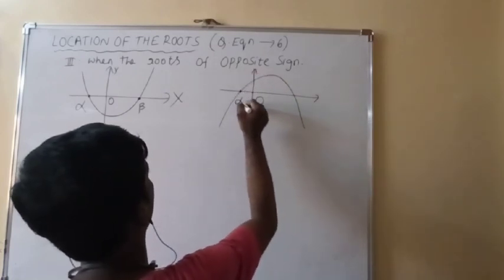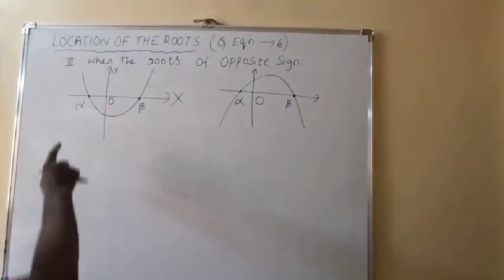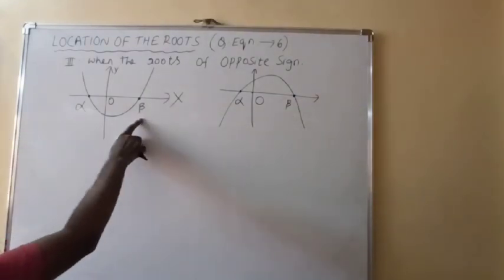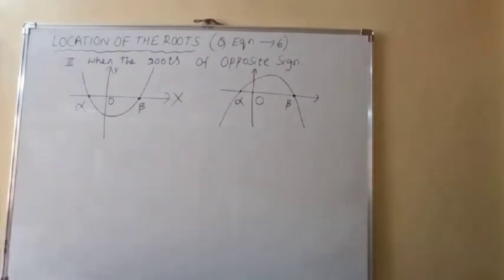One root is alpha, the other root is beta. Here alpha is the negative root, beta is the positive root. Here also the same, alpha negative, beta positive. So this is the case when a is greater than 0, and this is when a is less than 0. So here we are getting only two graphs, two cases only.